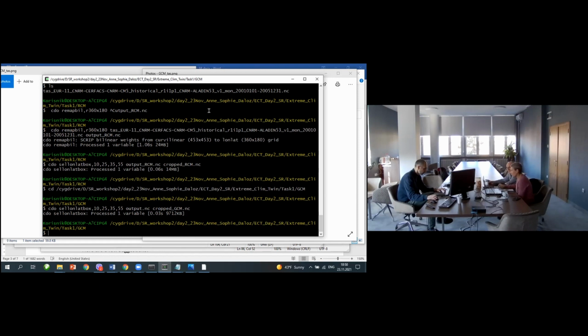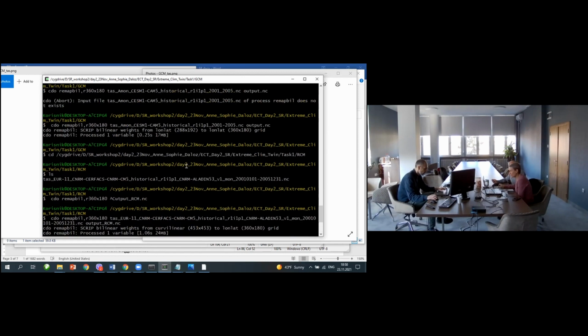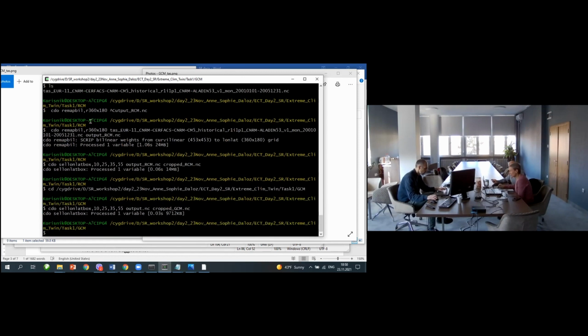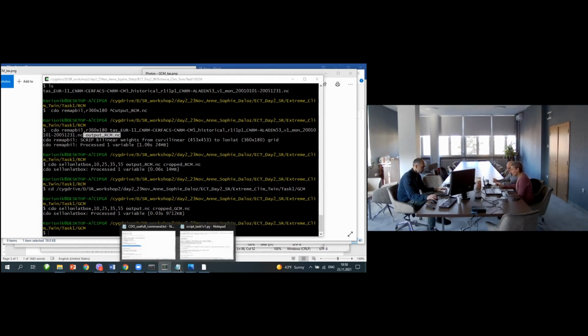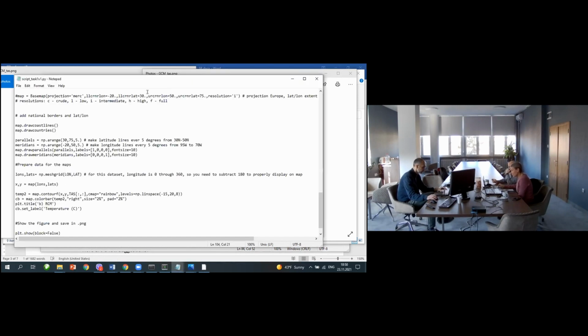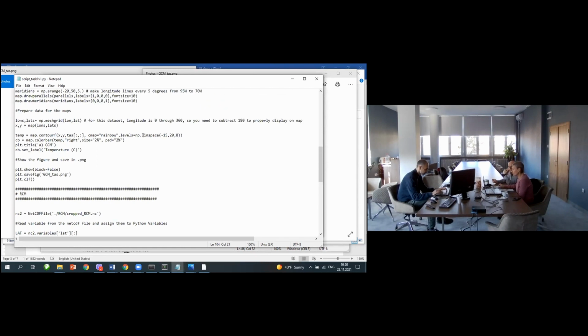Okay. So I'll stop sharing my screen now, or I can show that we actually regridded the... First, what we did, regridded the outputs of the global climate model and the regional climate model to this resolution. We got the output files, and then we changed the Python script with this.